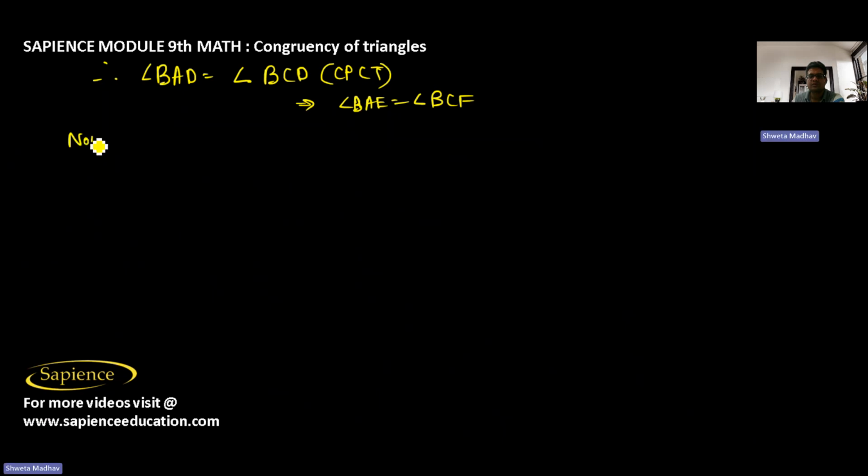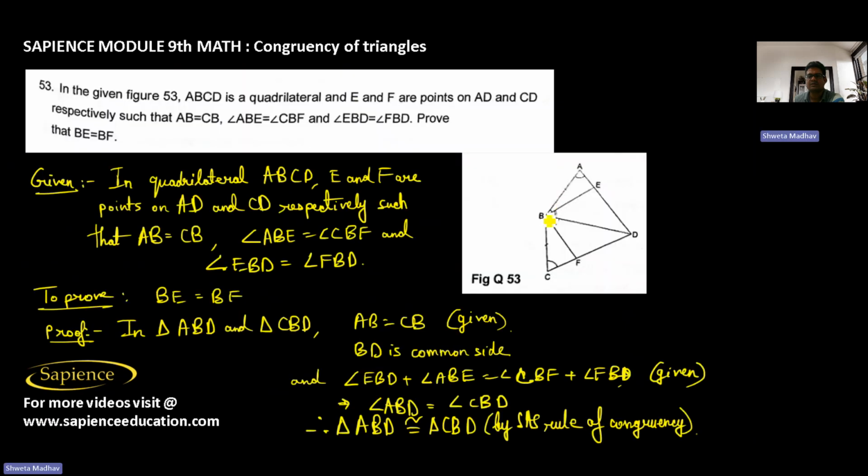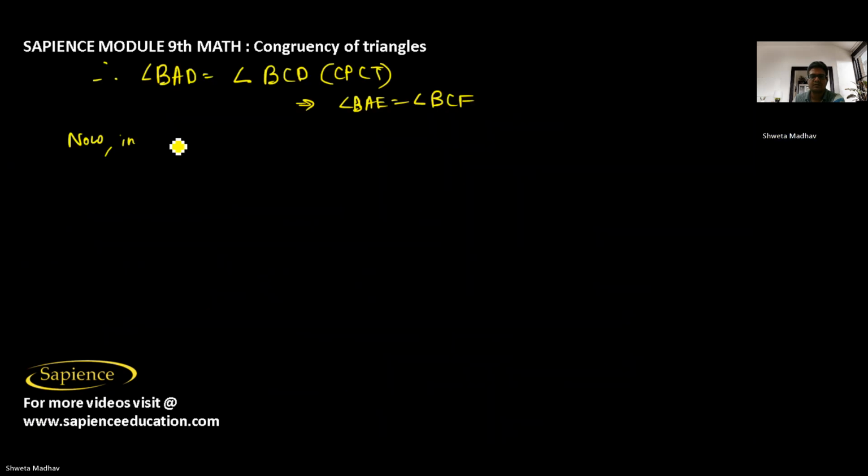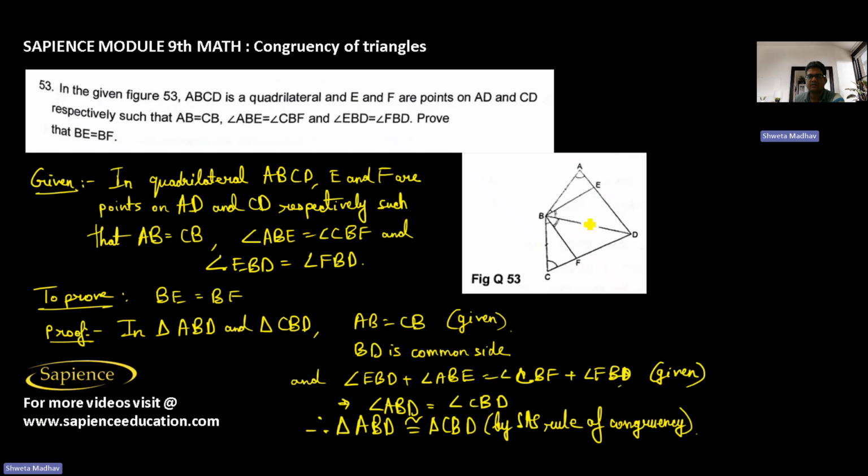So now we can take triangles ABE and CBF.